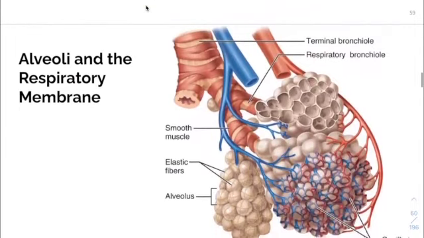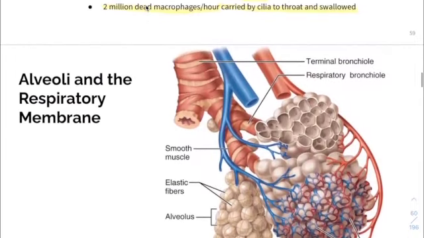So here is showing how these capillaries just surround every alveoli to help with gas exchange. We also have these elastic fibers. One next to it shows the elastic fibers that help those alveoli keep their shape.